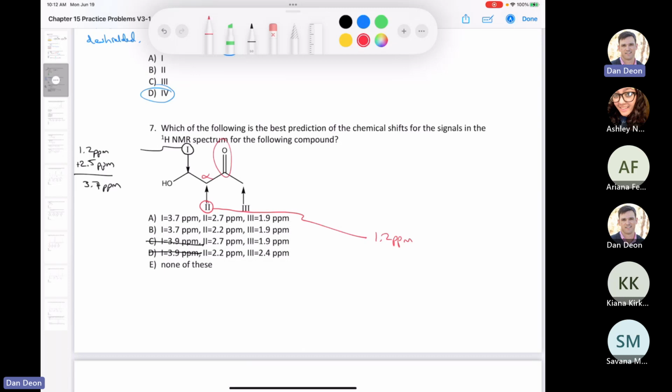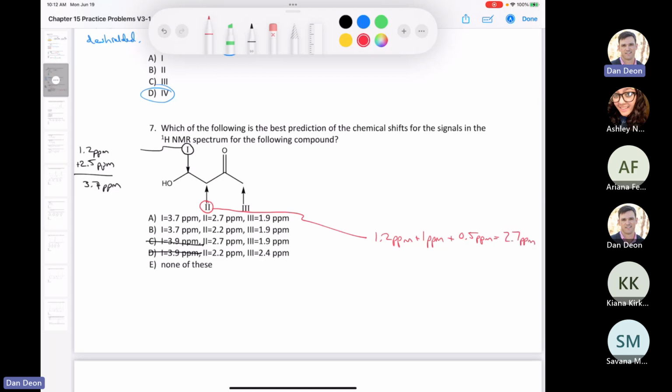So we add 1 part per million for that. And then they are beta to the hydroxyl. So we're going to add 1/5 of 2.5, which is 0.5 parts per million. And you tally all that up, and you get a total of 1.2 plus 0.5 plus 1. So that gives you 2.7 parts per million.